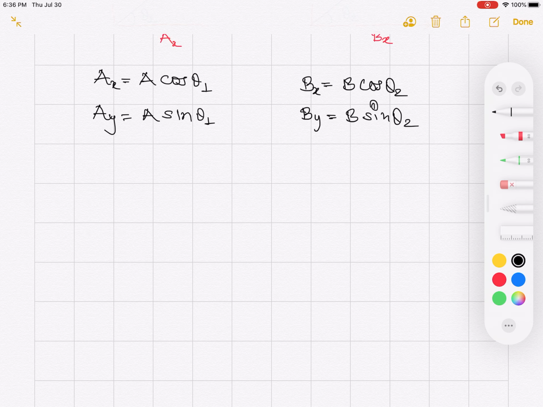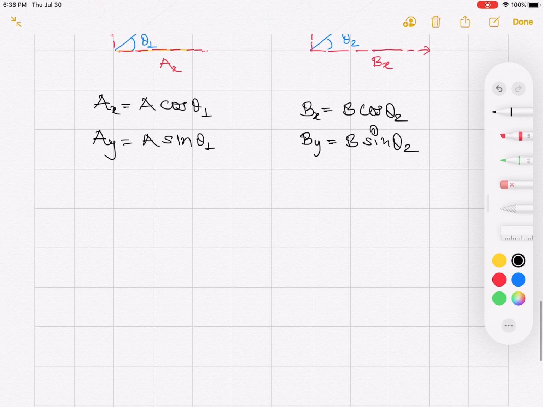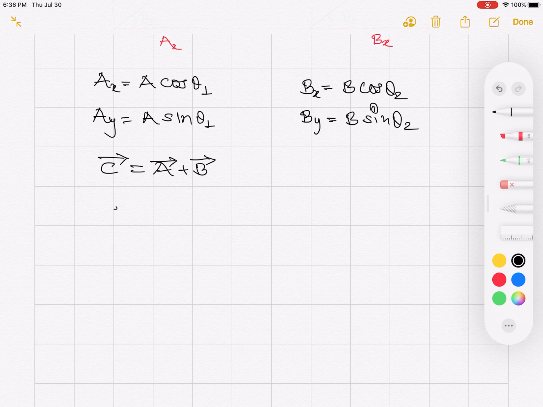Okay, now we suppose c is the vector with magnitude C, and C is a plus b. Now we can find the x component of C simply by adding the x components of A and B. So it's AX plus BX, which gives A cos theta 1 plus B cos theta 2.